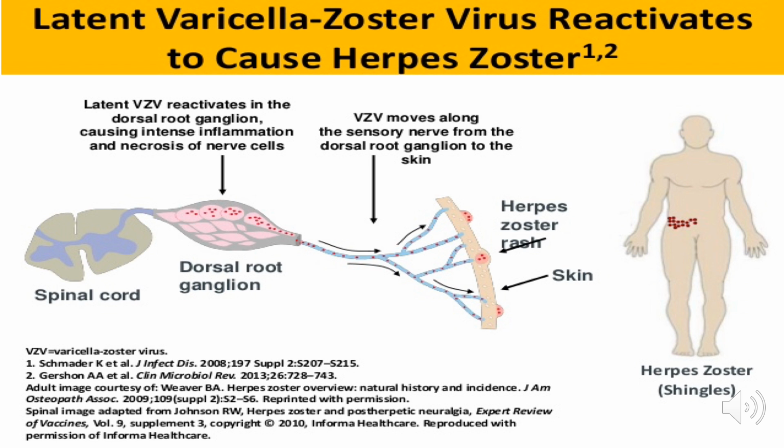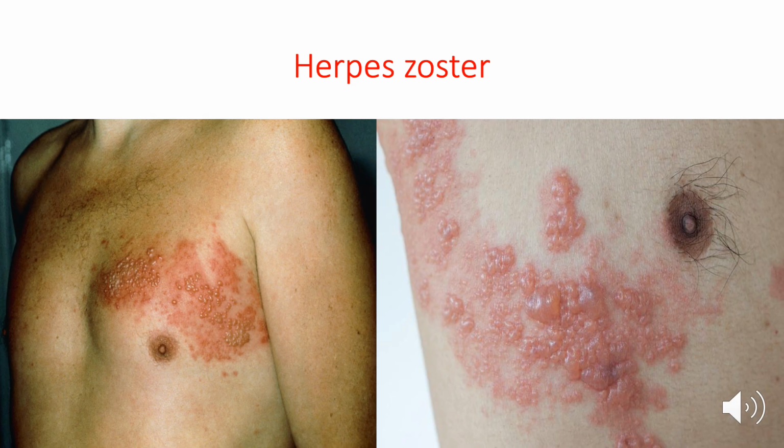This time, the skin lesions are very, very painful because they basically involve the nerves where the virus is transported from the dorsal root ganglion up to the skin. These are the pictures of the skin lesions of shingles or herpes zoster.